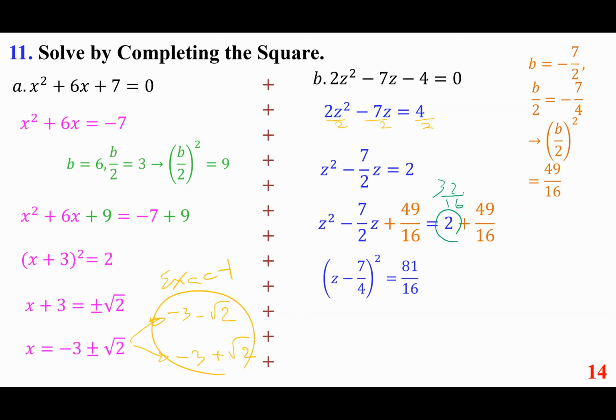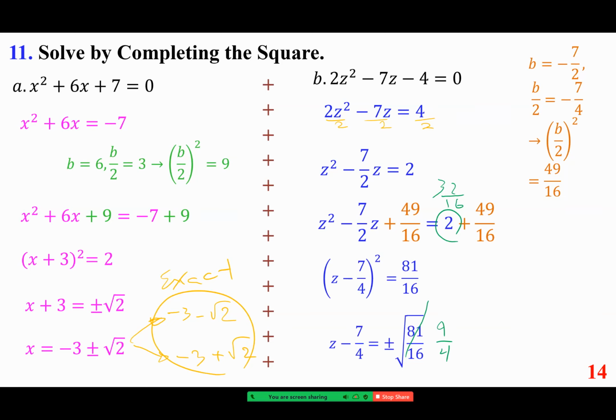Left side becomes z minus 7/4. The right side becomes plus minus the square root of 81 over 16, which is 9 over 4.